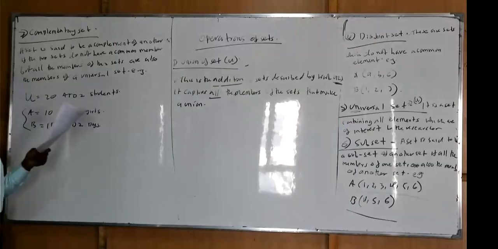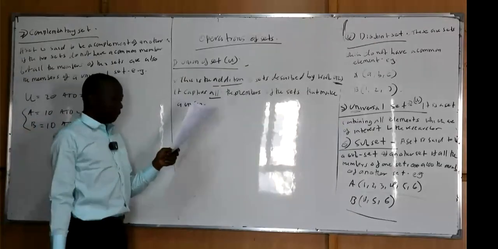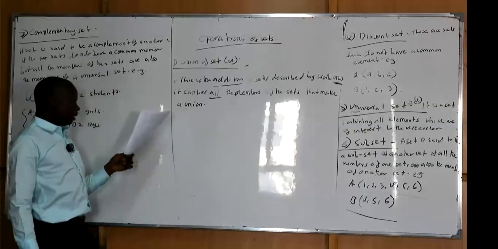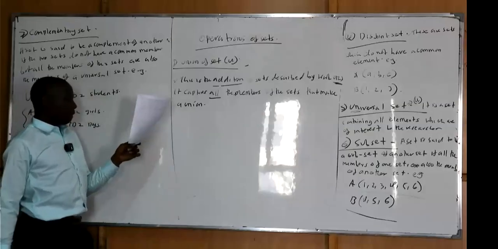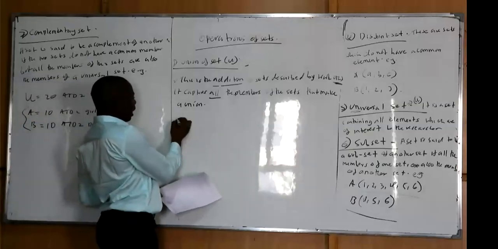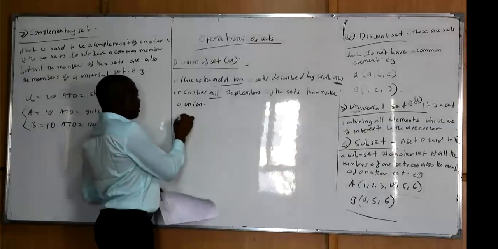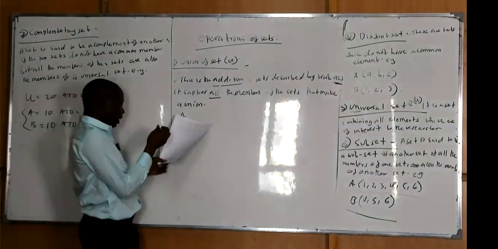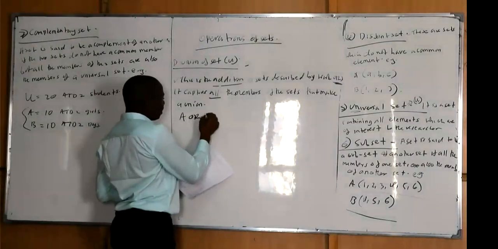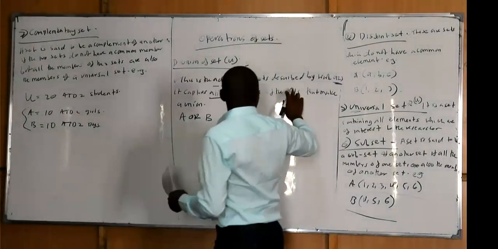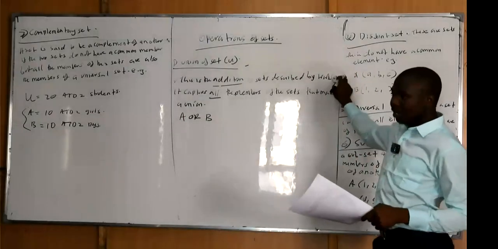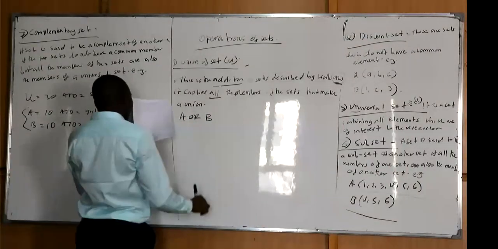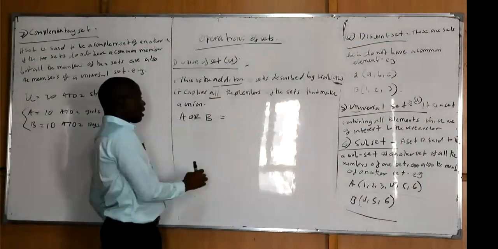For example, we have said a union. We have set A and set B. We can say set A or set B, and it is described by the word or.